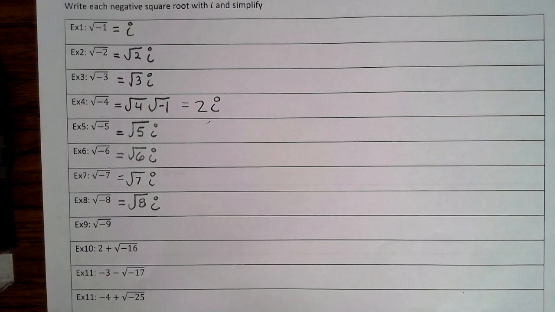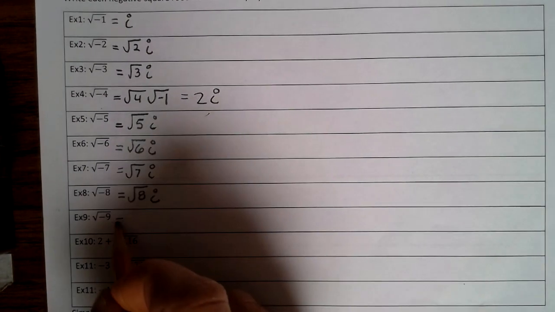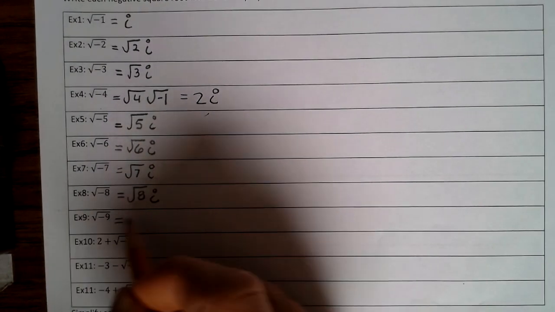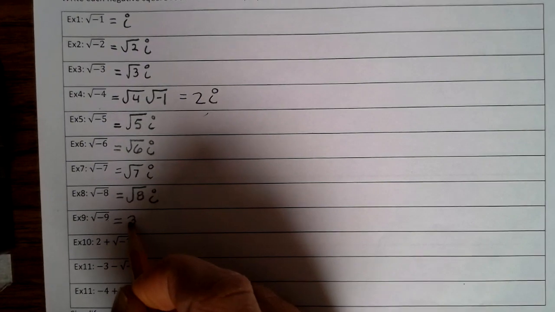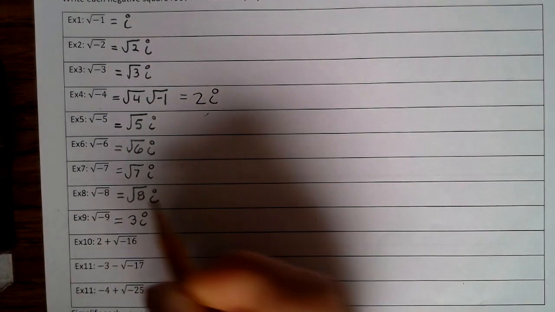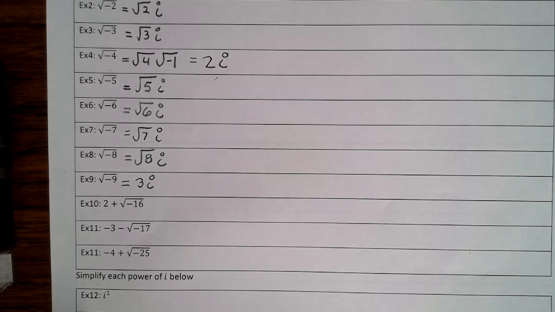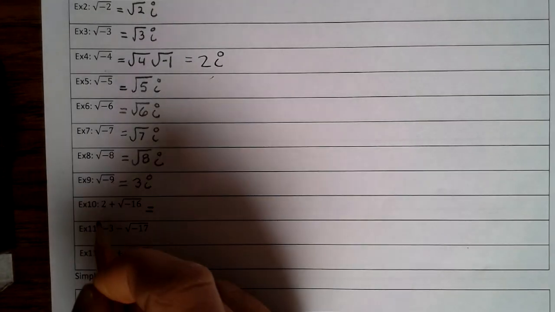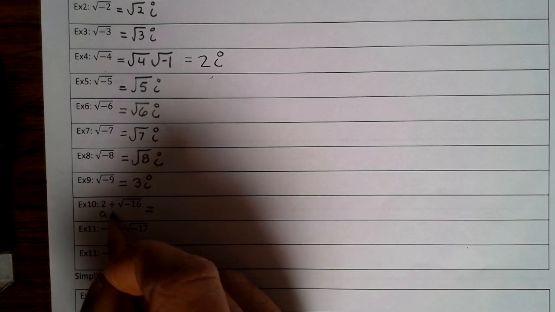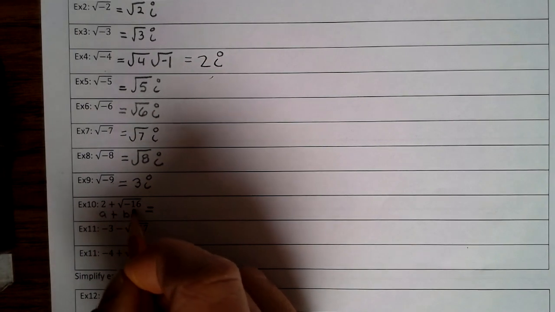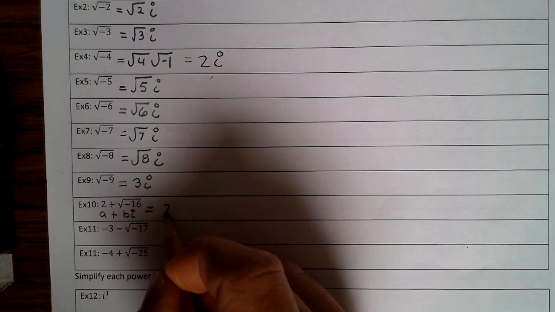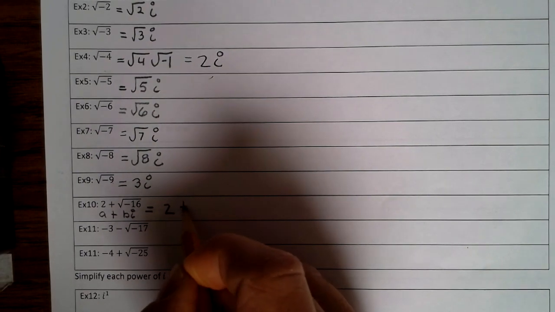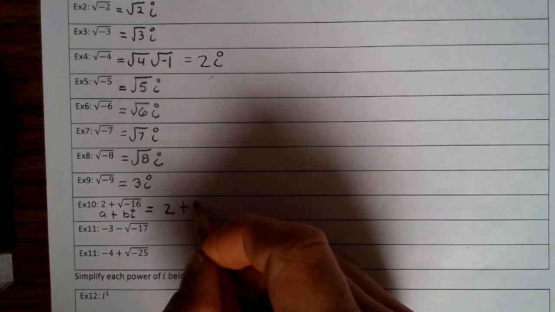The square root of -9 is unique in that the square root of 9 is 3, the square root of -1 is i, so the square root of -9 is 3i. Now, example 10, we're writing in the form of a + bi. Well, the a is just a 2, plus the square root of -16 is 4i.